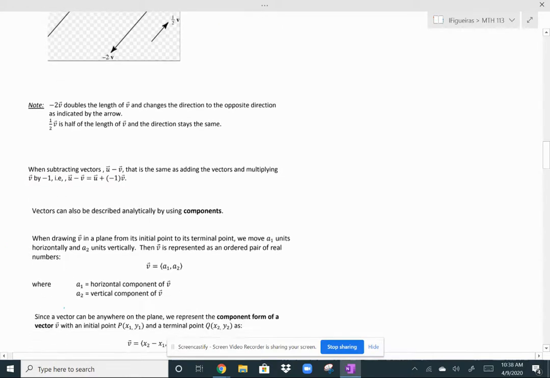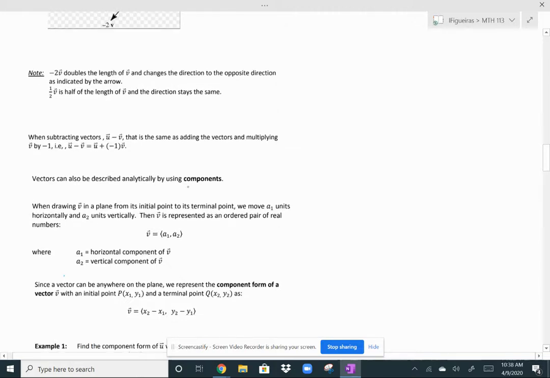All right, so vectors can also be described analytically by using something that we call components. Every vector is made up of what we call an x and a y component. And so there'll be different notation to represent these vectors. This will be the first one that we'll use. We say vector v is equal to, and these are not parentheses, these are actually kind of pointy parentheses, if you will, a sub 1 and a sub 2.